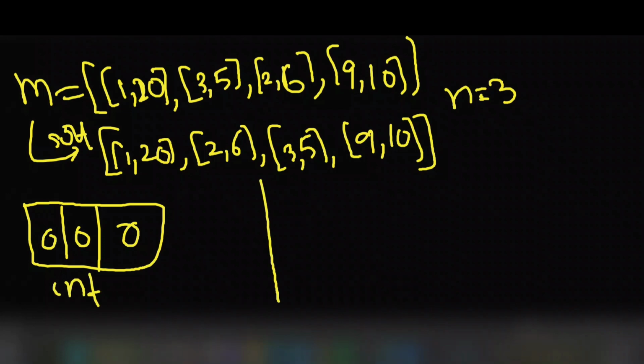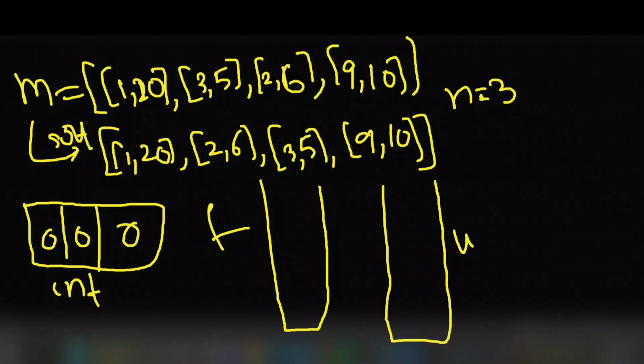Let's take two priority queues, one will be my free priority queue and the other will be the used priority queue. Initially add all the rooms, like we have 0, 1, 2 as the rooms. In used there are no rooms, so we append them into the free priority queue. Now we need to check for two conditions.